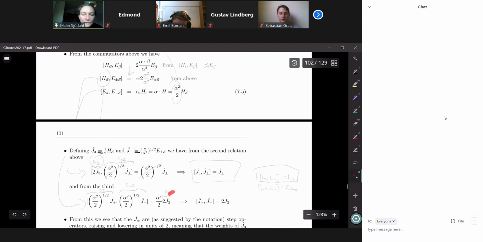So I have this relation. So I obtain this commutator relation, again very reminiscent of what I had for the commutator of the SU2 algebra.